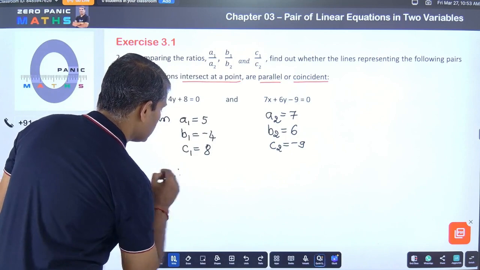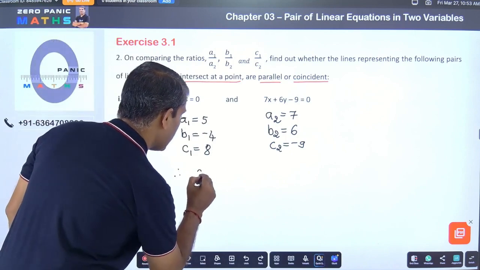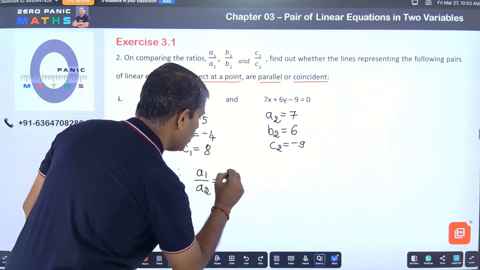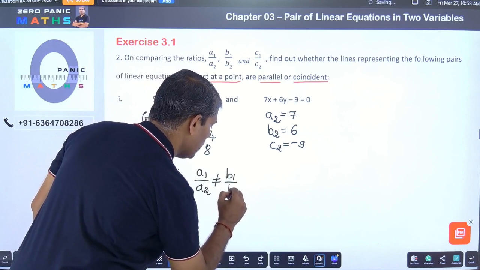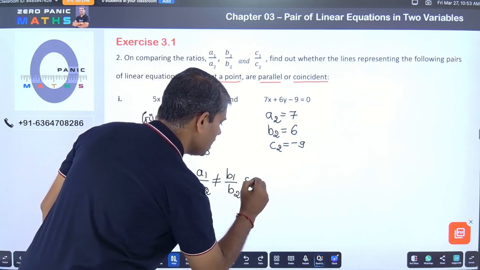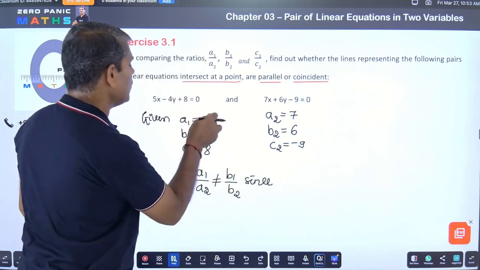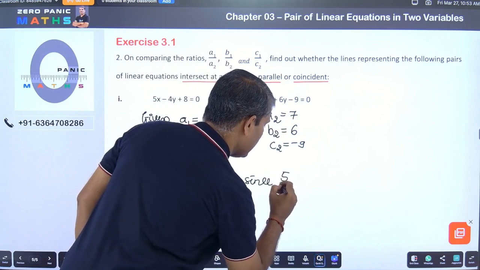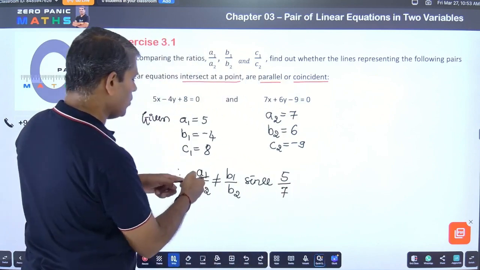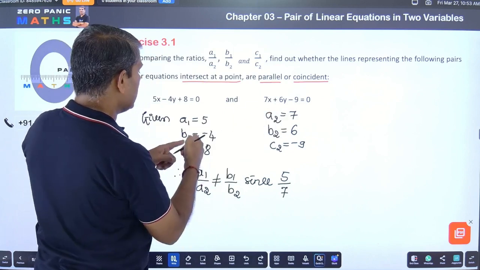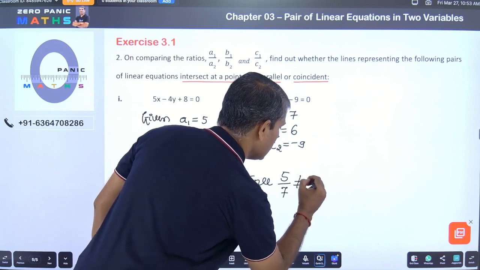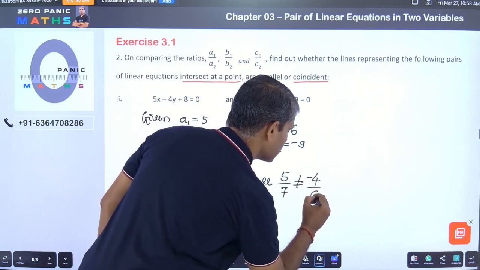We have to now identify whether the ratio a1 by a2 is not equal to b1 by b2. Therefore, a1 by a2 is not equal to b1 by b2, with the given values. What is a1 by a2? That is 5 by 7, which is not equal to -4 by 6.